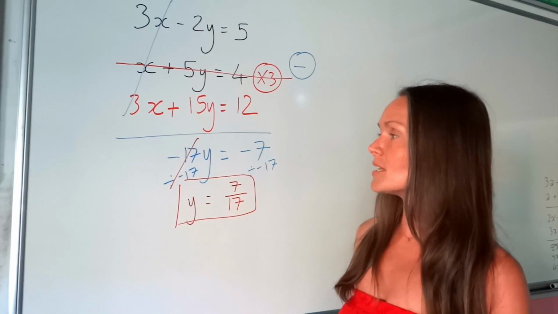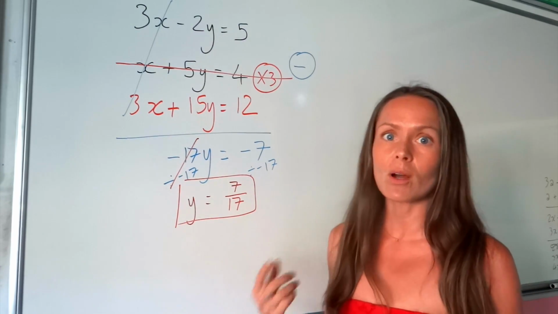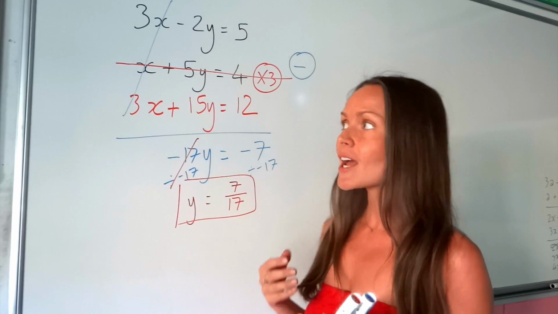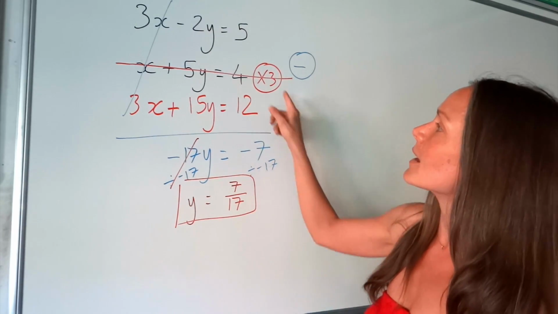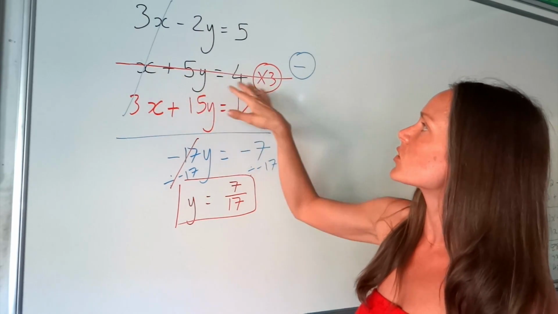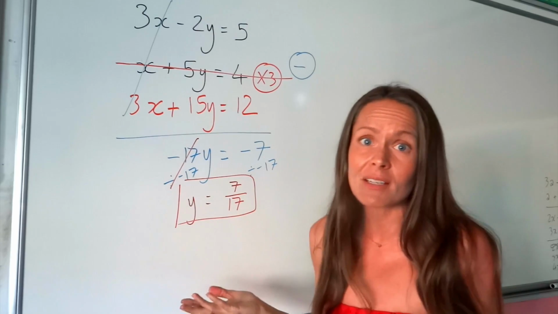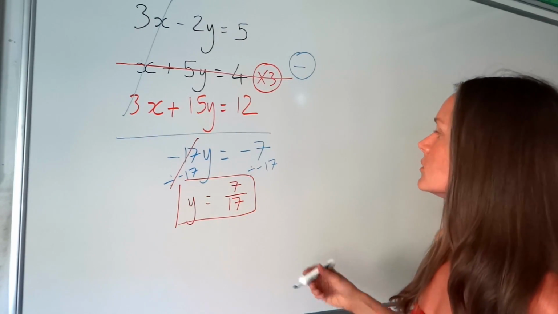The next step is just the same as before. I need to substitute that into one of the original equations. Now, it doesn't matter which one you choose. I think I'm going to choose, again, the one I crossed out, just because this has only a single x. The numbers look a bit smaller here and here, so maybe it's a bit easier than the other ones. But like I said, it doesn't matter which one you choose.